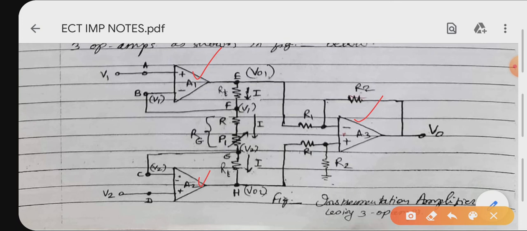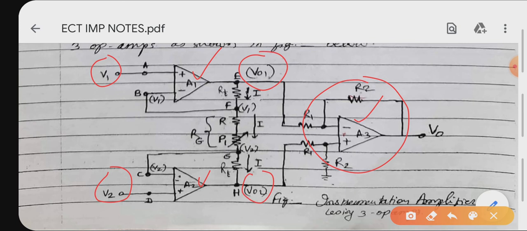Now you can observe that V1 is the input signal applied to op-amp A1, and V2 is the input signal applied to A2. These two input signals are applied to the non-inverting terminals. Therefore A1 and A2 are used in non-inverting mode. A3, the third op-amp, is used in simple differential mode, because the outputs of both op-amps, that is VO1 and VO2, the outputs of A1 and A2, are applied as input to A3.